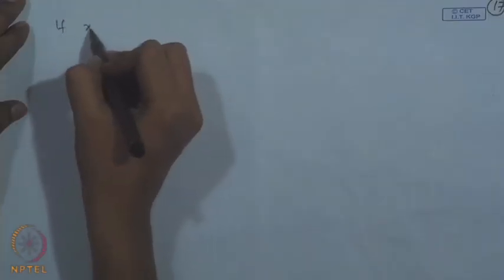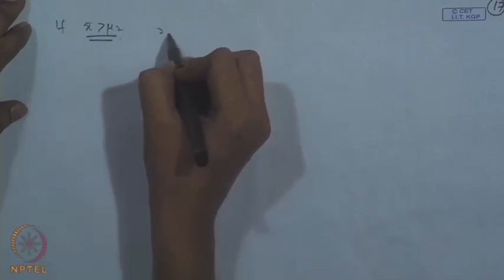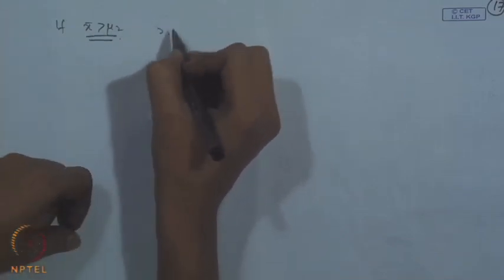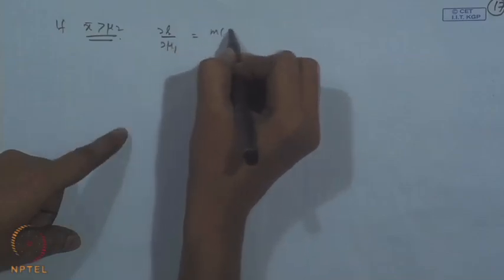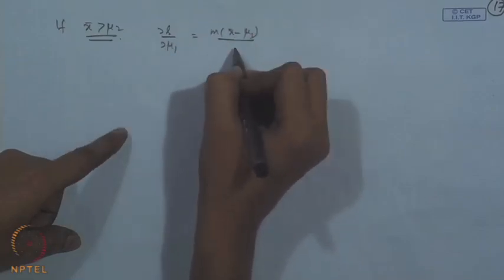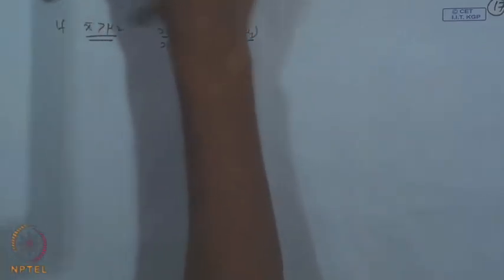However, another case occurs if x bar is greater than mu 2. In this case, d L by del mu 1 is equal to m times x bar minus mu 1 by sigma square. I think I wrote a little bit wrongly in the first place. This was m times, not n times.